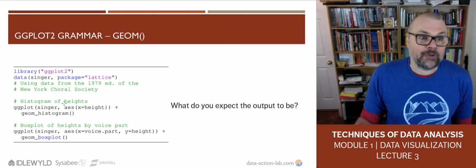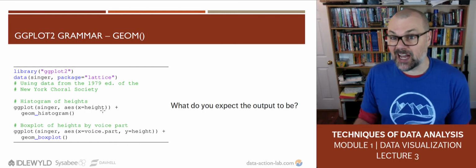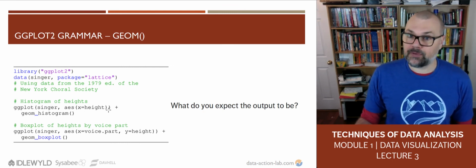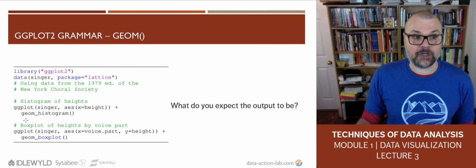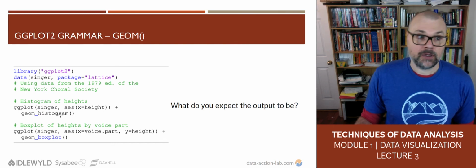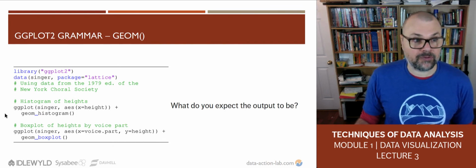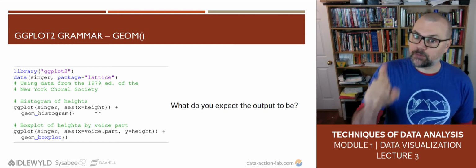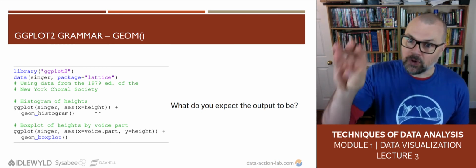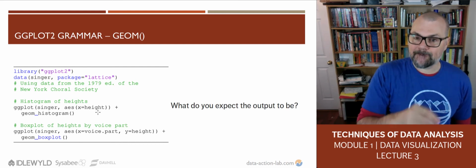I happen to know that one of the variables in there is called height, so I'm going to map this variable to an x value. And I'm going to create a histogram. So my first bit of code specifies the data set and specifies explicitly which variable is mapped to which design element.